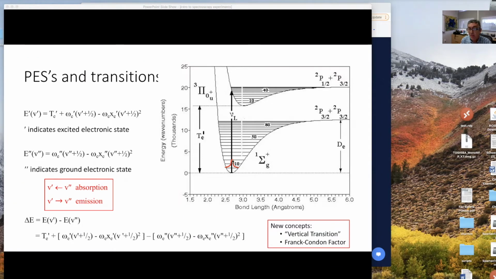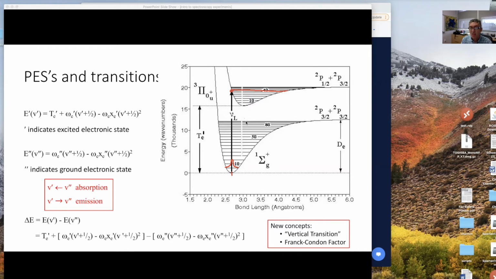And if you think of this as a probability density, in fact, the maximum is right in the middle. And so that means that most of the time, the most likely excitation will be when the molecule has this internuclear distance. So the transition would go vertically right up to here. And it turns out that the most probable transition will be to this vibrational state.